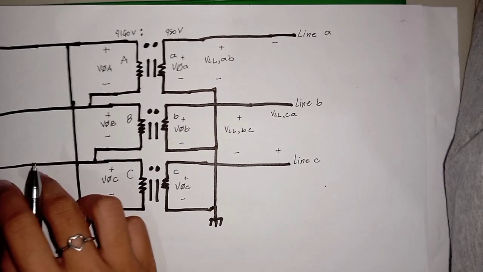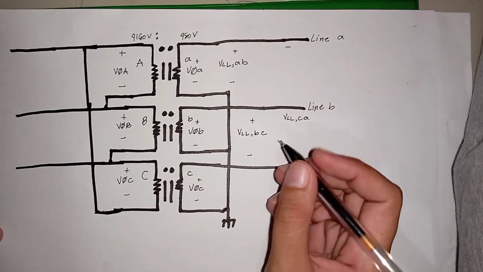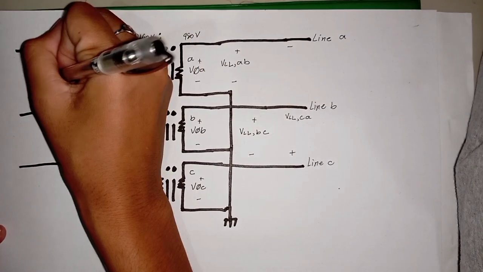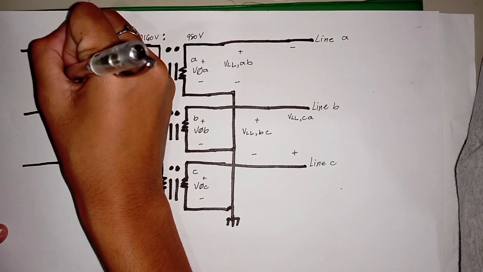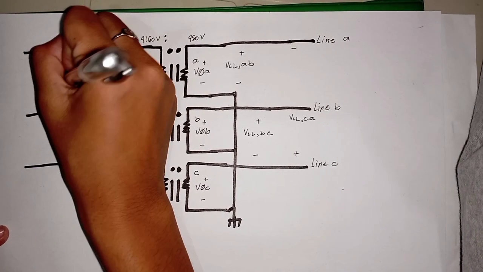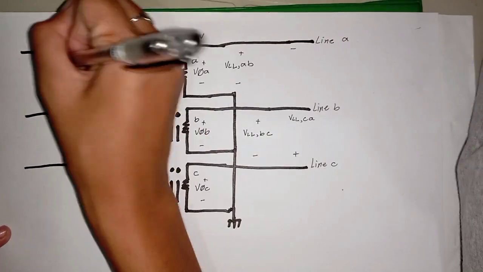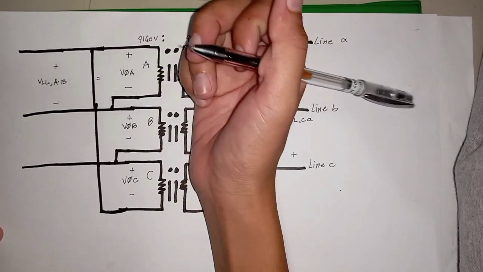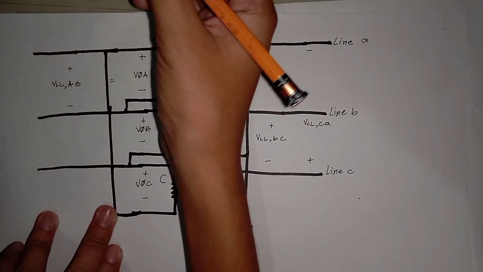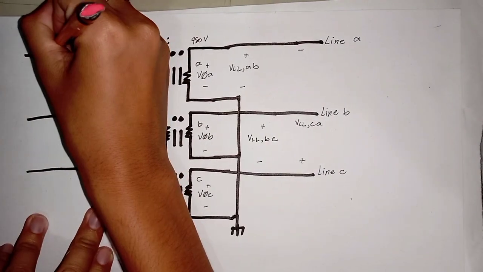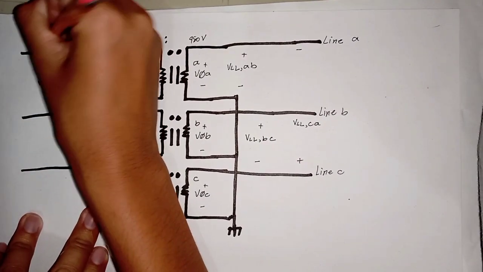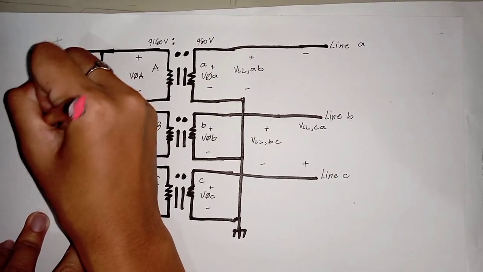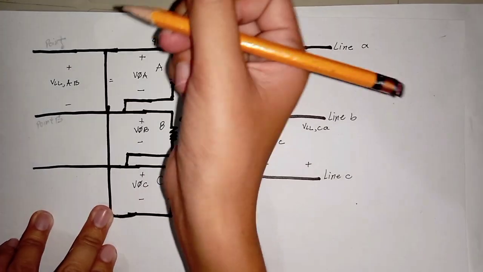So on the primary side, where our transformer is connected in delta, we should expect the line-to-line voltage across line A and line B to be equal to our phase A voltage. Suppose we label point A and point B as the points of measurement.